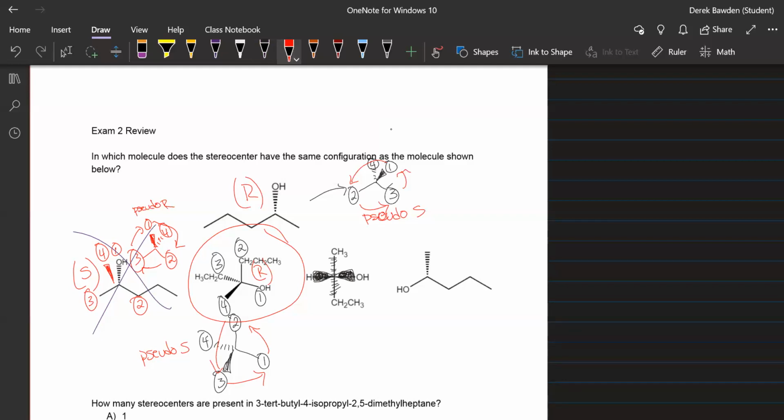Okay, now let's label the priority here. We've got obviously our oxygen is number 1 and hydrogen is 4. Our longer carbon chain is a higher priority. So that's how we number them. Our number 4 is not going to the back, so we need to redraw it. Where we can swap 2 and 4. And we'll keep 3 and 1 the same.